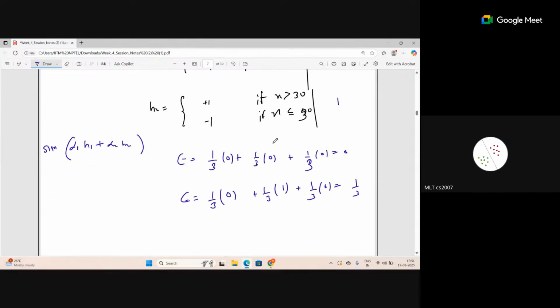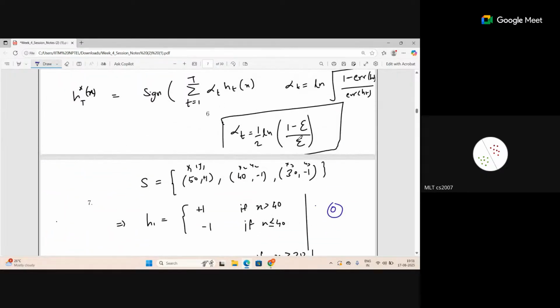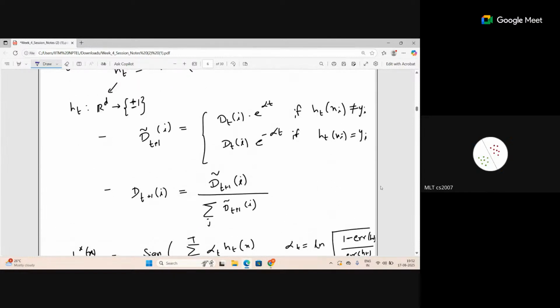Actually, I think we don't take that, we take the normalized error, I guess. But in that case also, ln of infinity, I think it's 0, right? I'm not sure about it. Okay, I think I'm making some mistake here.